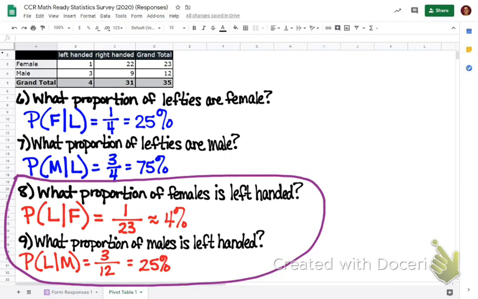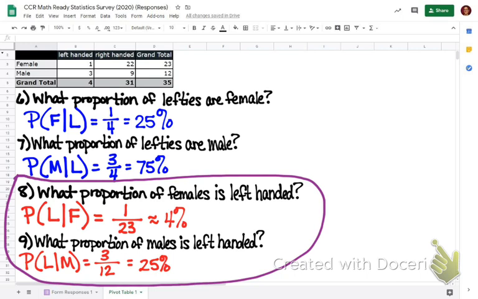And the reason is because of the comparison that it offers us. In number 8, we are looking at, out of all of the females, what is the probability that that person is left-handed? And in 9, we're looking at, out of all the males, what is the probability that that person is left-handed? And so it allows us to make comparisons for size of groups.